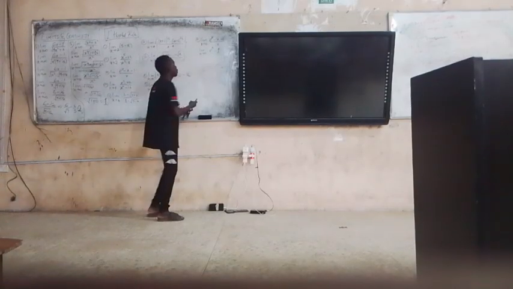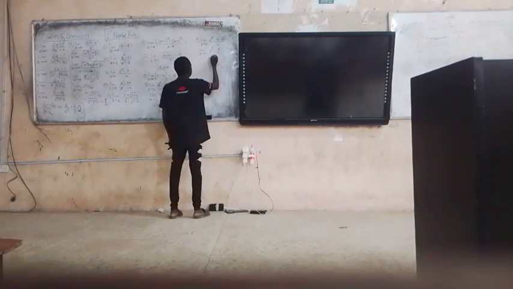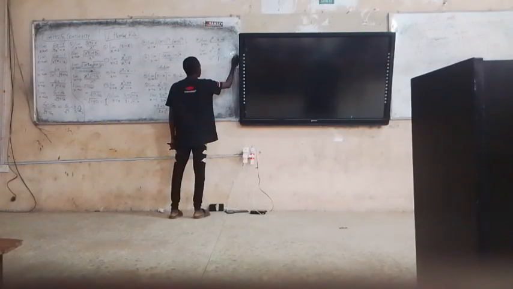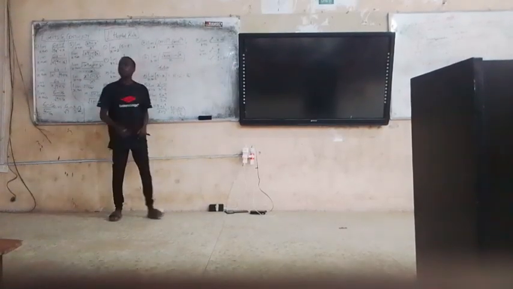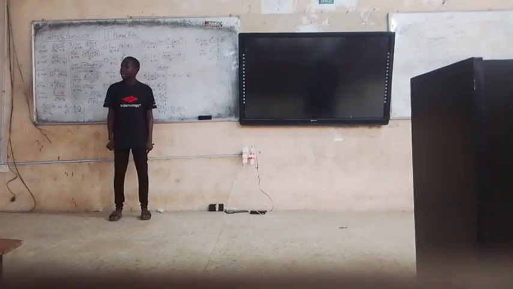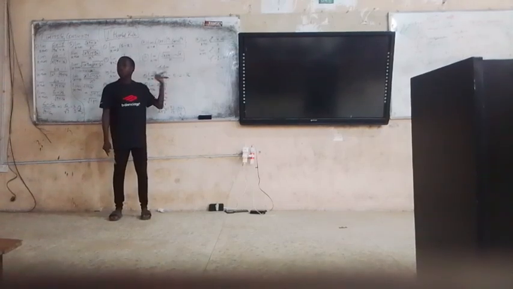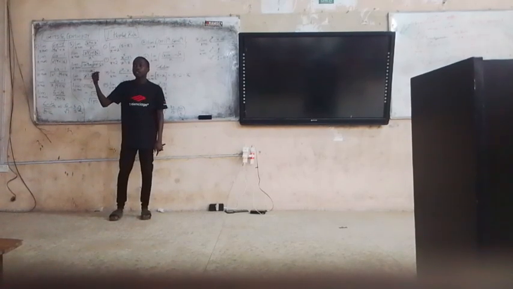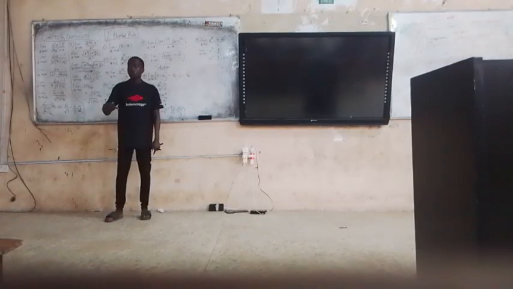Please do not be scared of it. The only thing you have to watch for is the indeterminate form: 0 over 0, infinity by infinity, and all of those indeterminate forms like that.